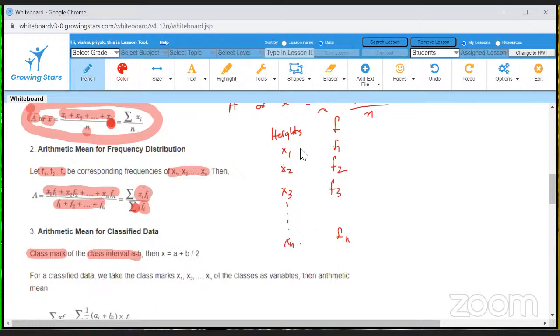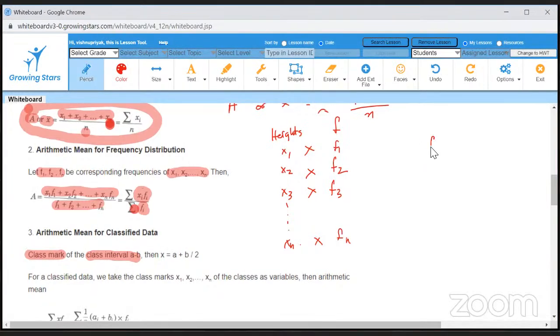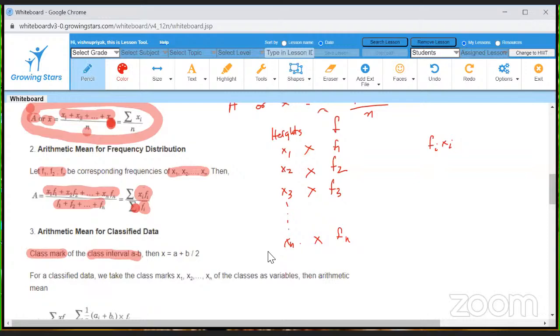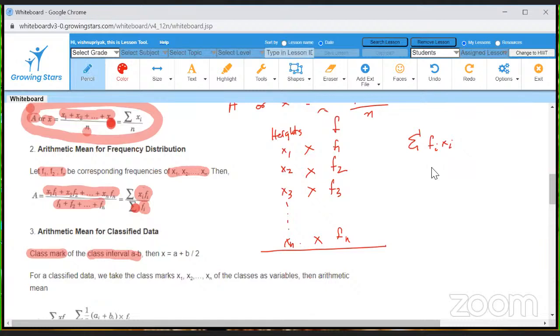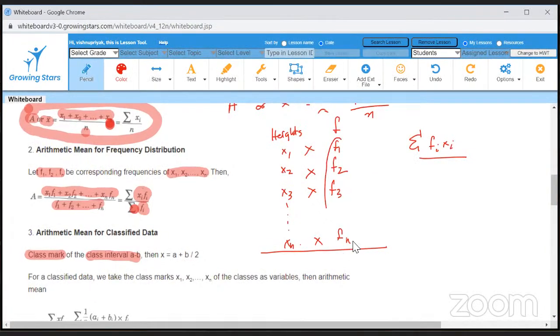Then you have to multiply f1 and x1, f2 and x2, f3 and x3, fn and xn. Basically, you will multiply fi and xi. After multiplying, you add up, sigma, and then divide by, add up all the frequencies, sigma f.